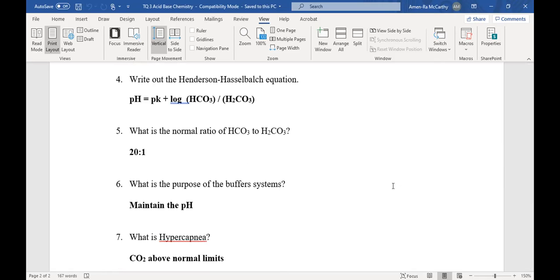pH equals pK plus the log of bicarb over carbonic acid. And how is carbonic acid formed? Water and bicarb. What is that process called when you combine water and bicarb? The Henderson-Hasselbalch equation tells us what happens, but what is that process called?